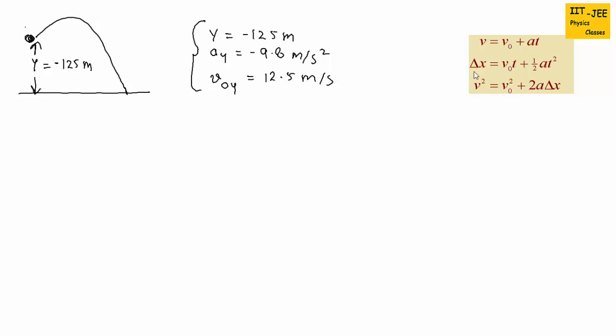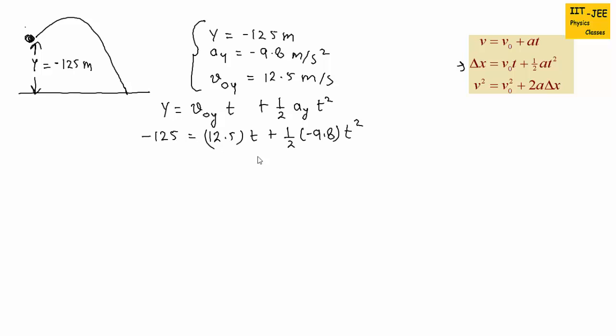So we can find the total time here. Here we will use this equation: y equals v0y times t plus half ay times t squared. Y equals minus 125 meters. Plug in all the values. So here you can see we got a term in t and then a term in t squared. So our next step would be to make a quadratic equation.